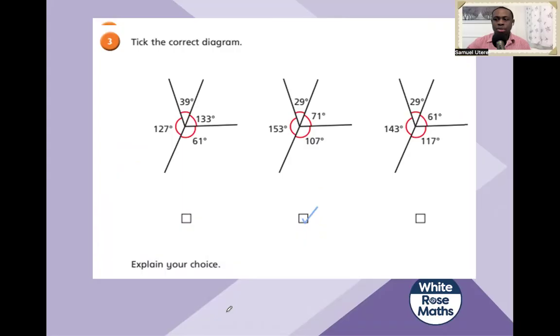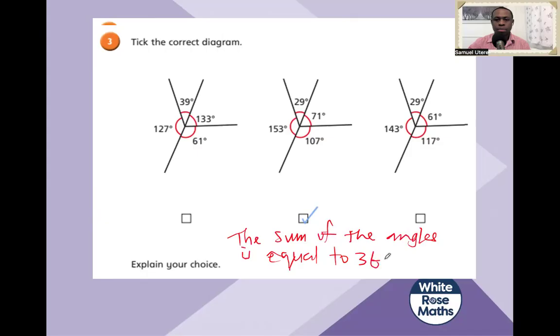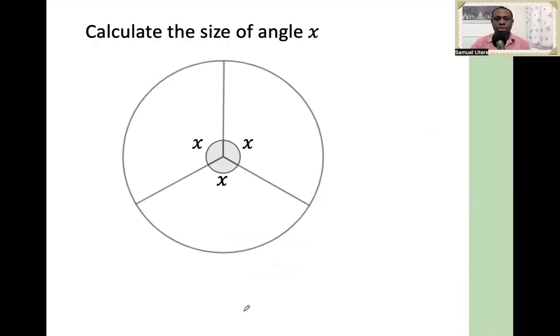Why did we choose that? The sum of the angles at a point is equal to 360 degrees. All right, so that's why you would make that choice.